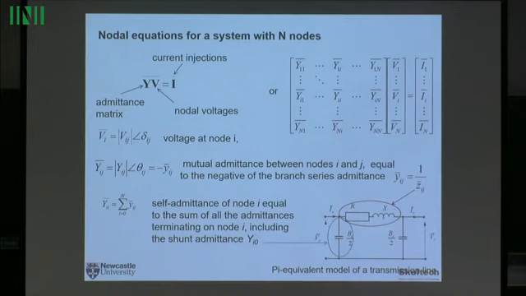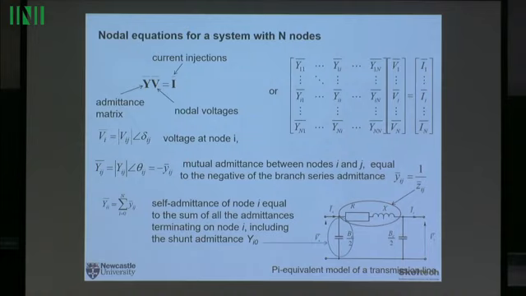You can prove that the off-diagonal elements are equal to the negative of the actual line admittances, 1 over R plus jX, while the diagonal elements are equal to the sum of the admittances connected to each of the nodes. In power networks, we talk about admittances, 1 over Z, because it's easier to multiply complex numbers than divide them, but it's basically the same thing.